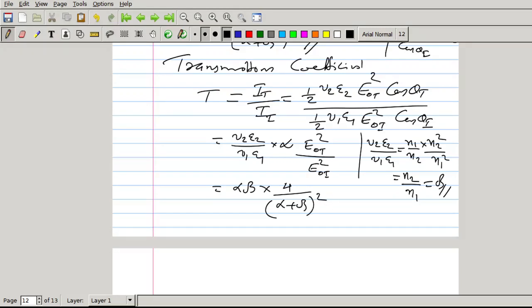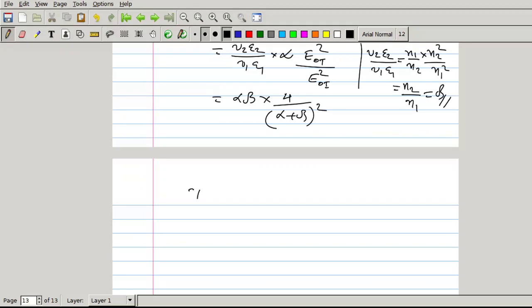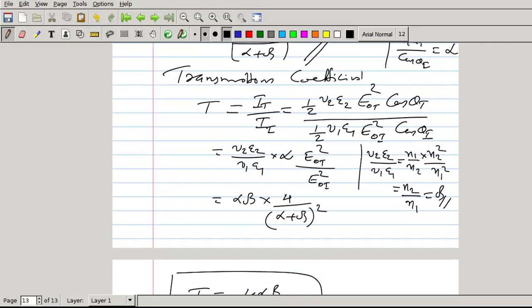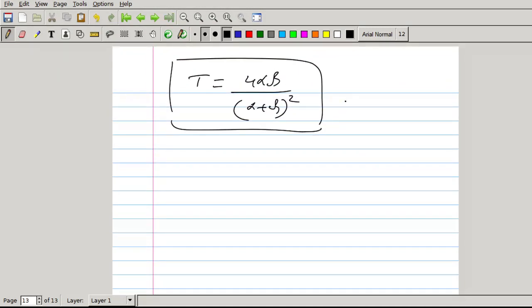Or the transmission coefficient we can write as T equal to 4 alpha beta by alpha plus beta, the whole square. This is equation number 27.